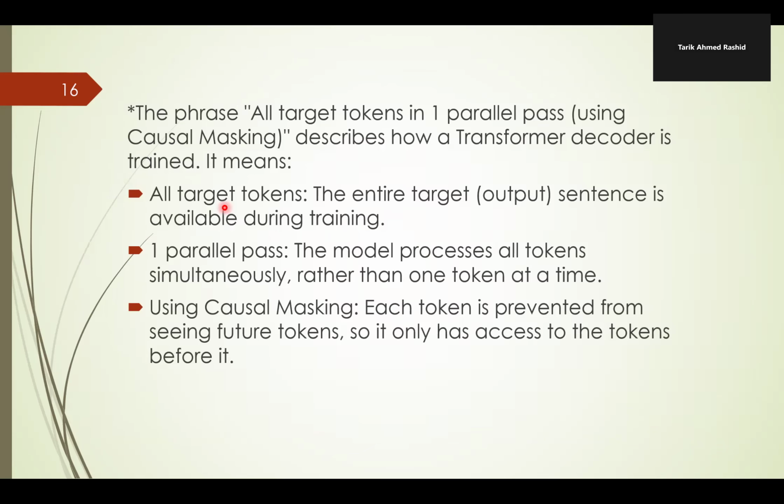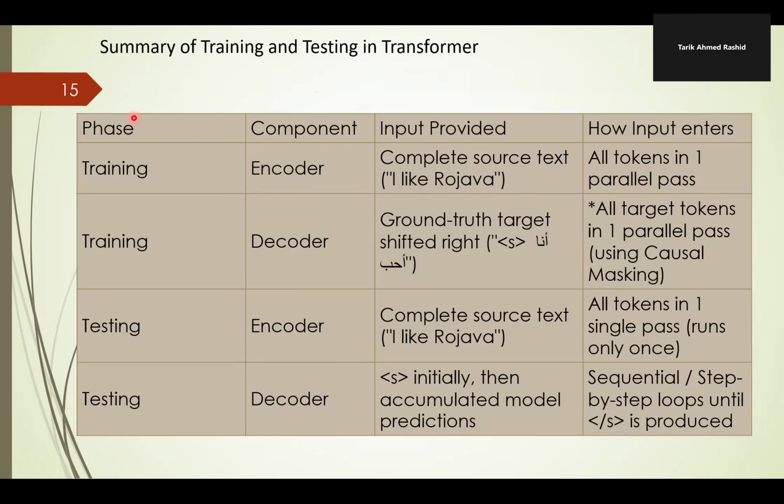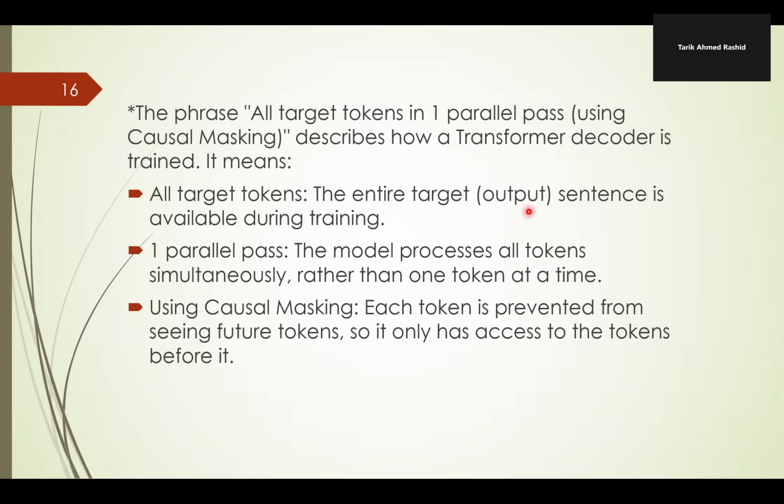So here, what does the asterisk mean, all target tokens in one parallel pass using causal mask? To explain this, in the transformer decoder during training, the entire target output sentence is available.